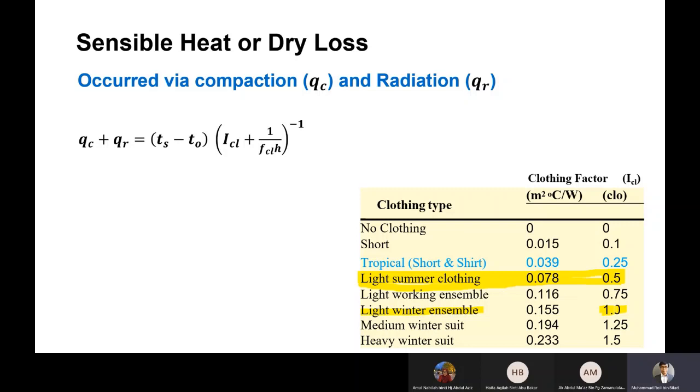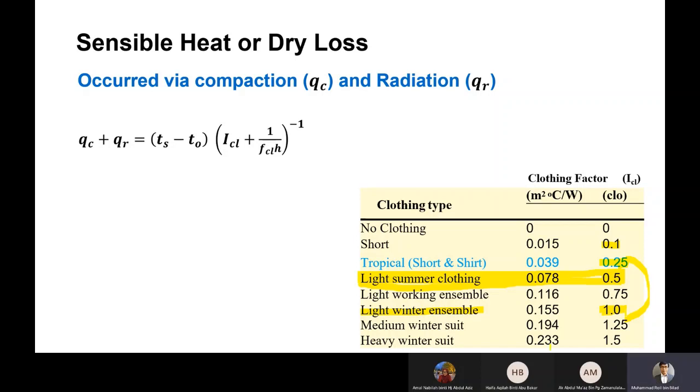Men probably 0.75, 0.5, and when we just use shorts, it's this one. It's somewhere in between. 0.25 is when you use shorts and a shirt only. So it's really from, I would say, 0.25 to 1, more or less.